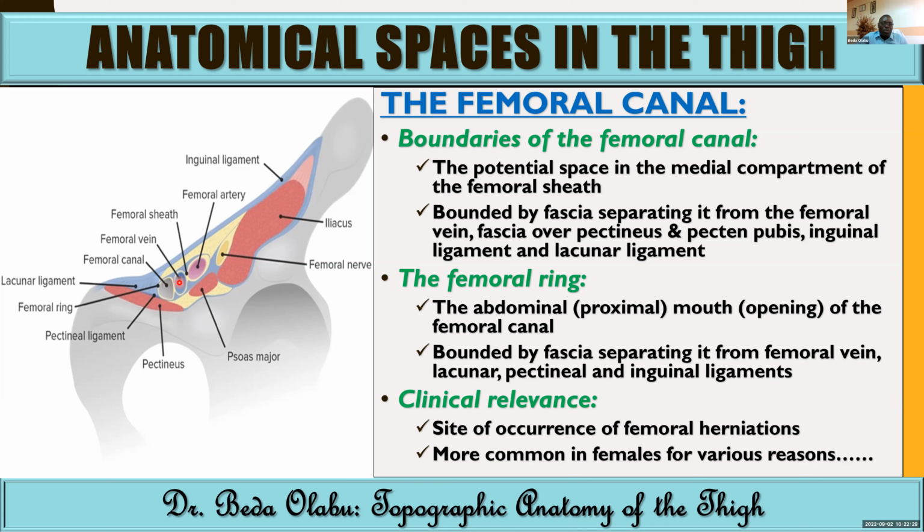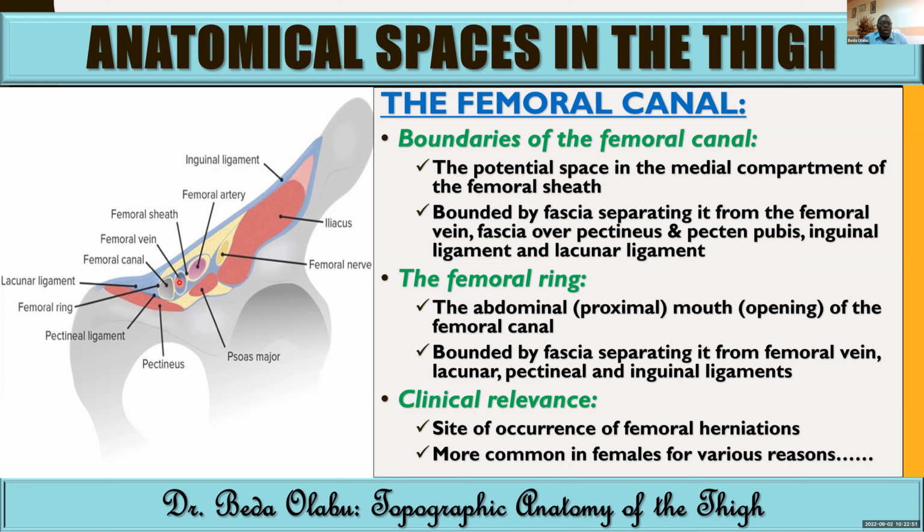Females usually have smaller blood vessels compared to males. And so if the size of the sheath was constant and you put two small blood vessels there, it means that the potential space will be bigger in females than in males. And that's one of the reasons, because of the smaller blood vessels.